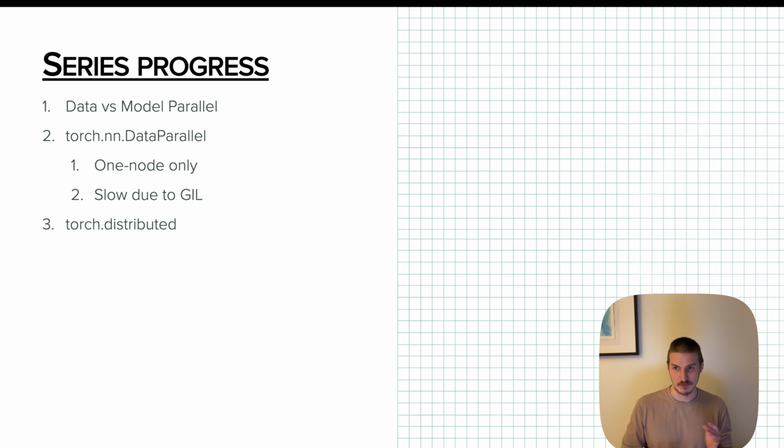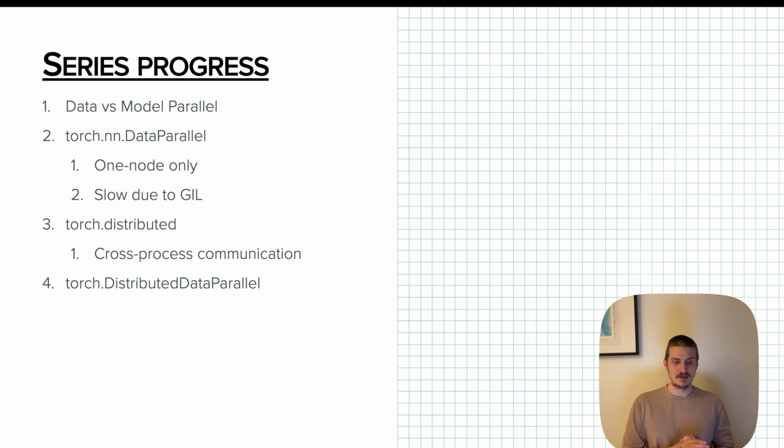All the major frameworks of the major companies actually rely on it to do distributed training. What it does is allow cross-process communication, which fixes both the problems outlined above. So now we can launch multi-node, multi-GPU, and it's not suffering from the global interpreter lock.